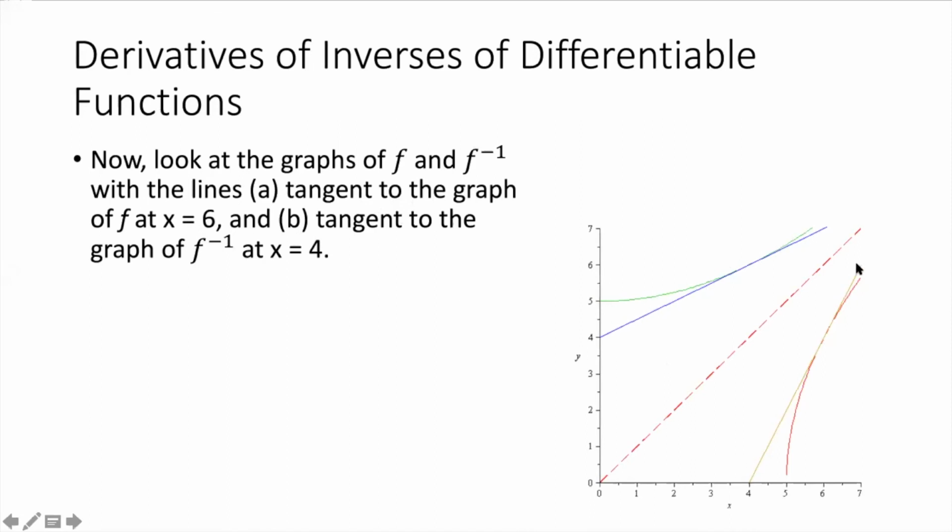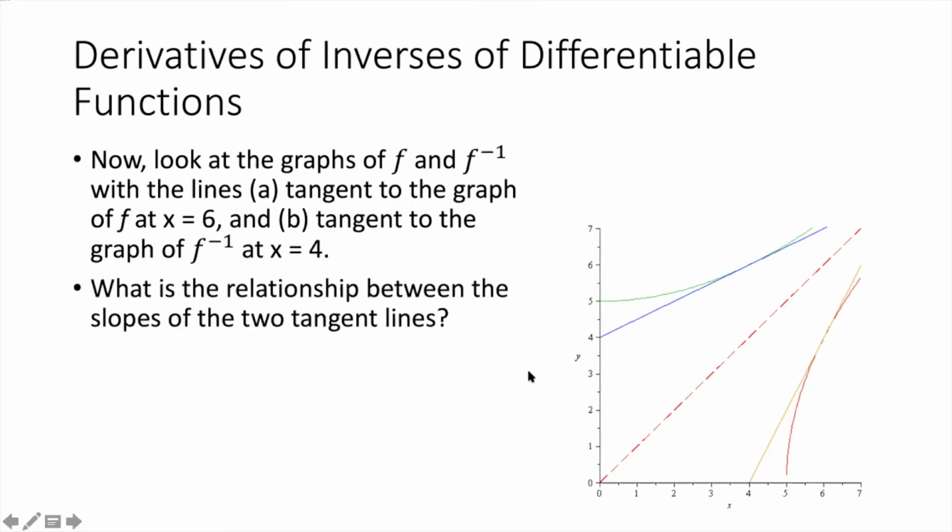So looking at this line and this line, can you tell what is the relationship between the slopes of those two lines? And let's see if I can give you a little hint. Okay, I was having a little trouble getting my bearings there, so I thought I would add a couple of points. All right. So again, the question was, what is the relationship between the slopes of these two tangent lines?